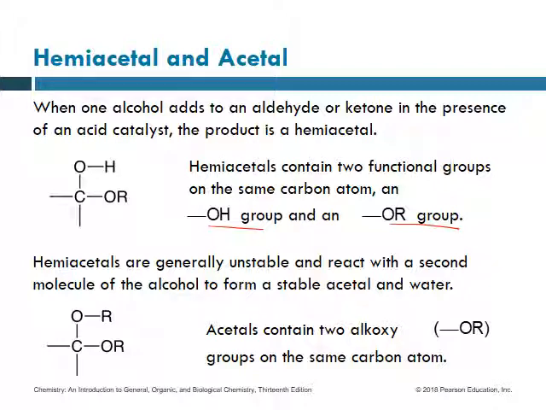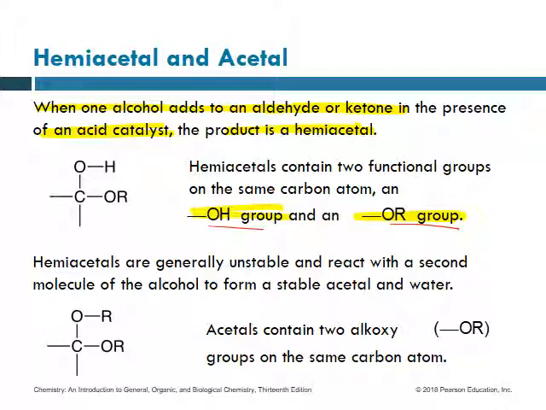How are these hemiacetals produced? We'll look at the reaction as well. When an alcohol reacts with an aldehyde or a ketone in the presence of an acid catalyst, it would produce a hemiacetal. So whenever alcohol reacts with aldehyde or ketone, it is going to produce a hemiacetal. It consists of both OH and OR group on the same carbon.